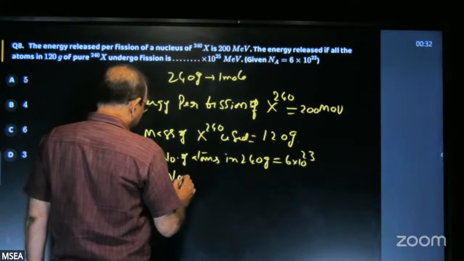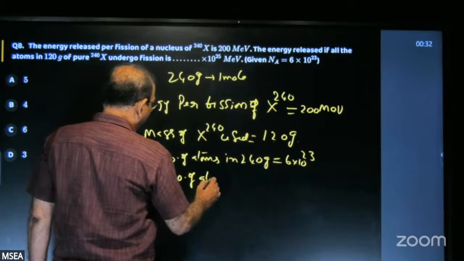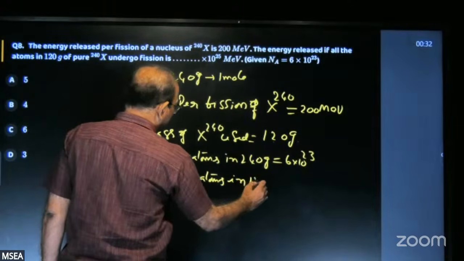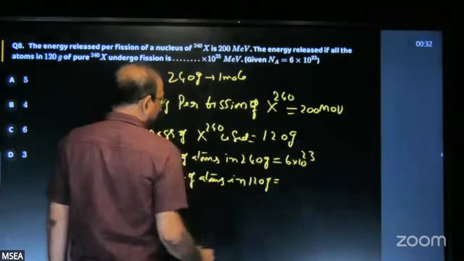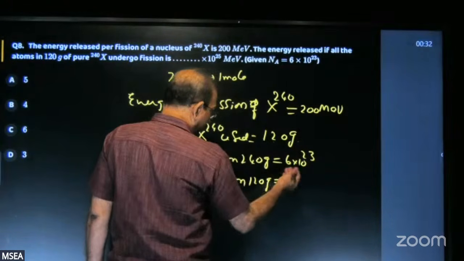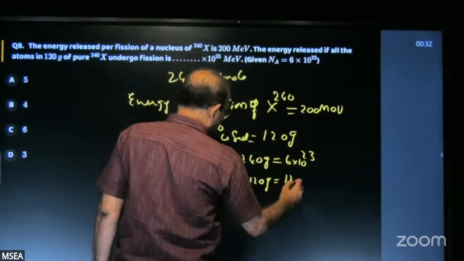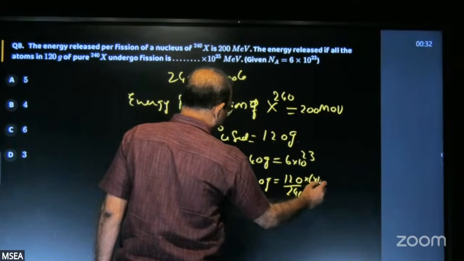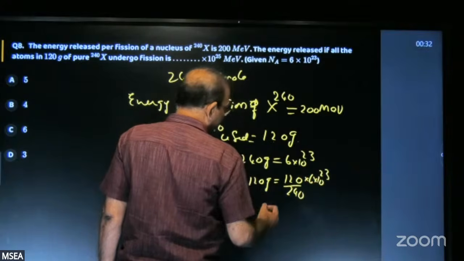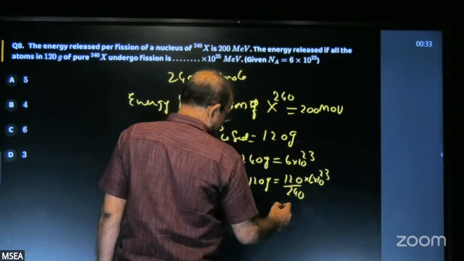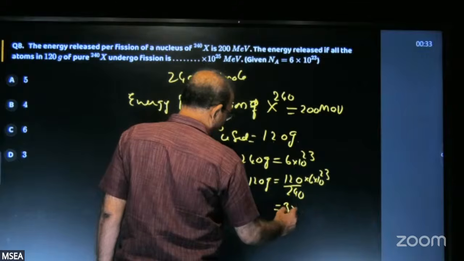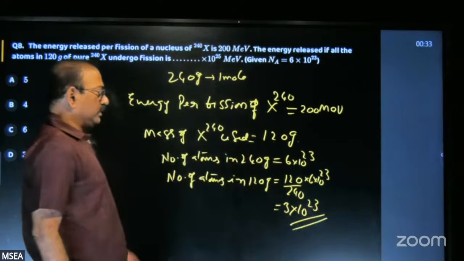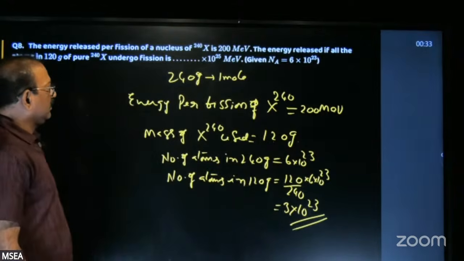But what do I want? Number of atoms in 120 grams I want. How much is it? Half. 120 by 240 into 6 into 10 power 23, that is 3 into 10 power 23 atoms are there.